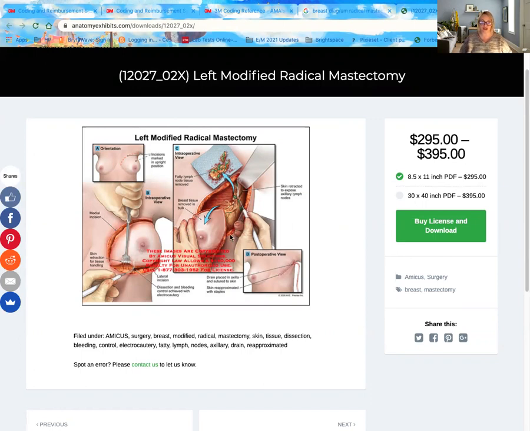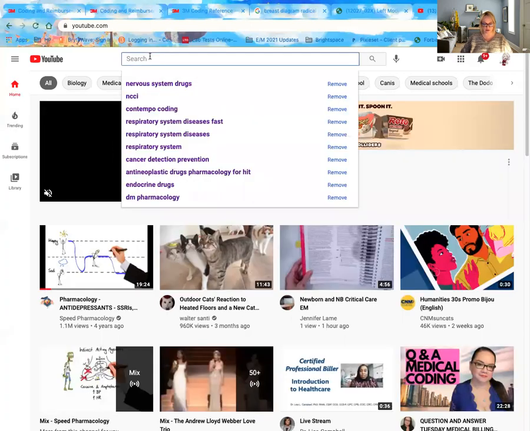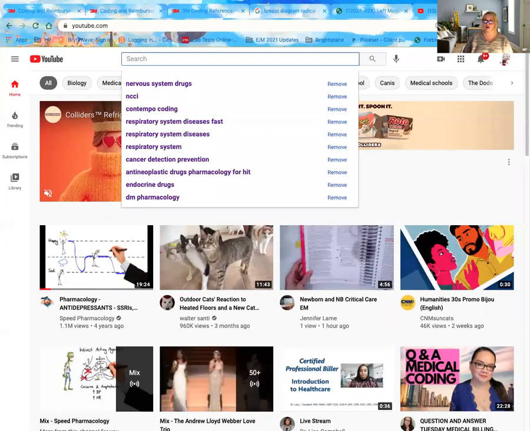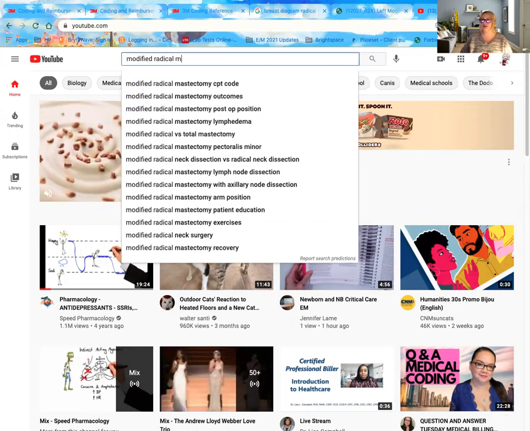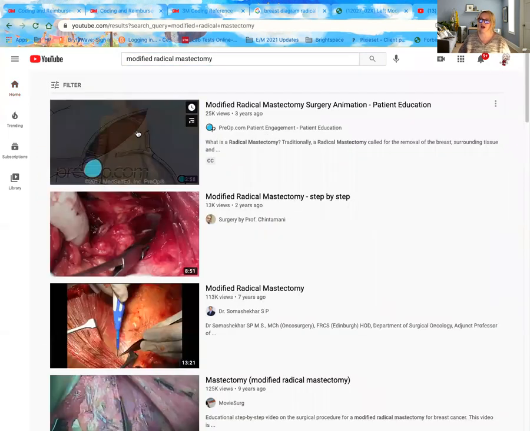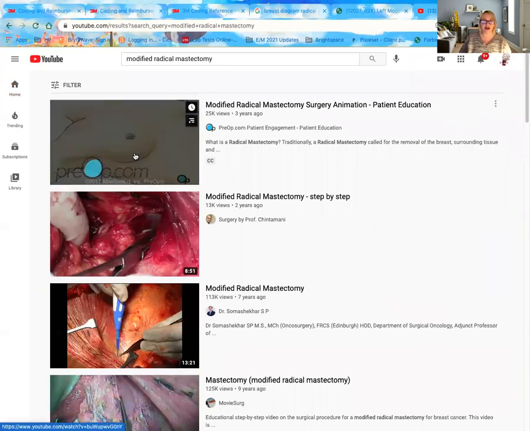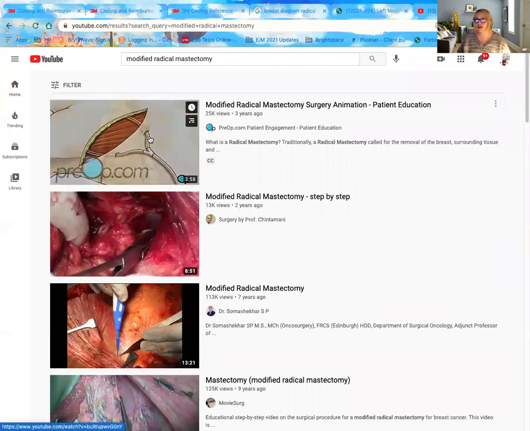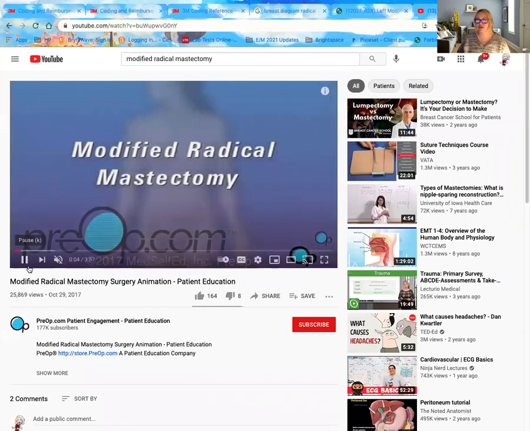The other thing I can do is look up this procedure on YouTube based off of the terminology. And sometimes you'll find some really cool procedures here. So a modified radical mastectomy. I can see that there's some images that are going to be easier to watch than others. I personally love the surgery videos, but if those make you a little queasy, maybe take a look at one of the ones that gives you an animated video.